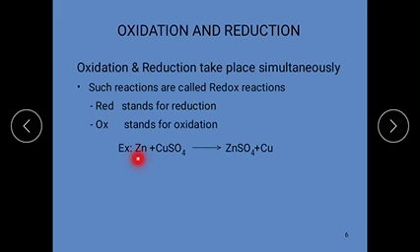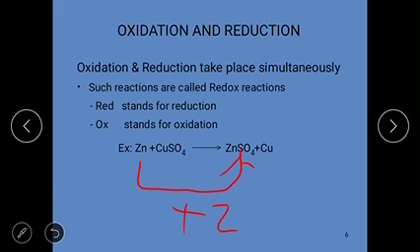The oxidation number of zinc in the elemental state is 0, but in zinc sulfate the oxidation number of zinc is plus 2. So zinc to zinc plus 2 increases the oxidation number by 2.